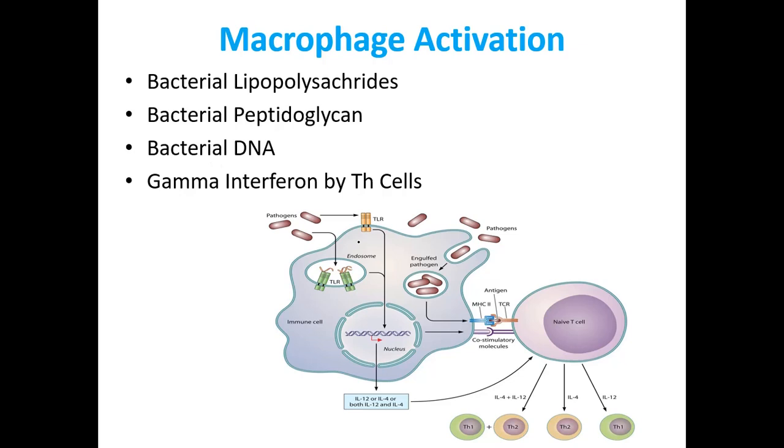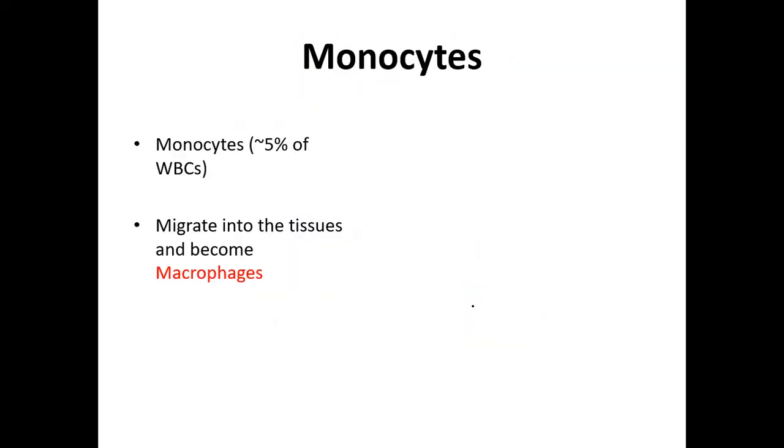These substances interact with the toll-like receptors present on the macrophage cell surface, and they signal the cell to produce cytokines. The macrophages are also activated by gamma interferon, which is produced by the T helper cells. Gamma interferon increases the synthesis of MHC class 2 molecules, and thus increases the microbicidal activity of macrophages.